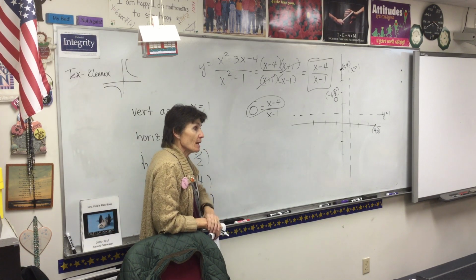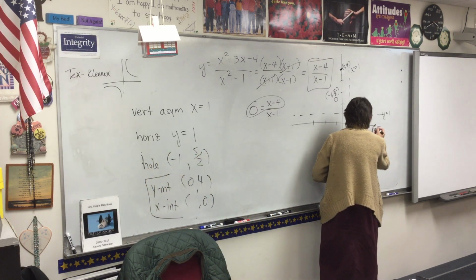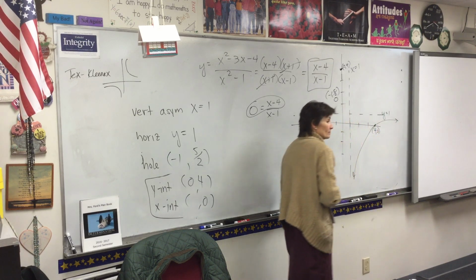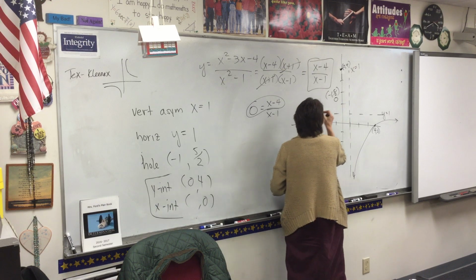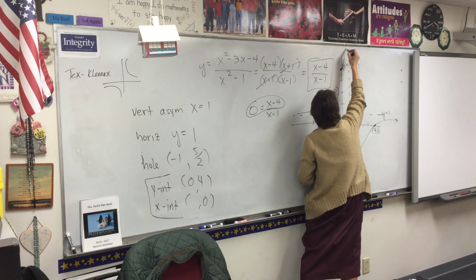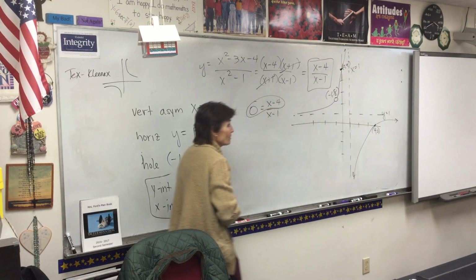Anybody see what it looks like? See this point right here? That kind of tells you we got this going on, right? Side, you got the same thing. And you got the same thing up here. Now remember, the hole and the intercept are both part of it.